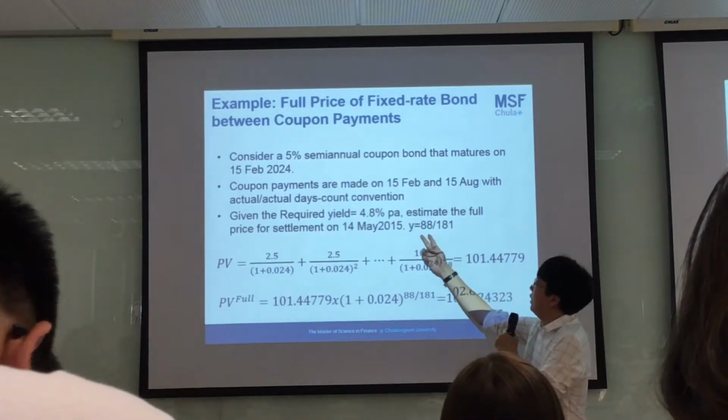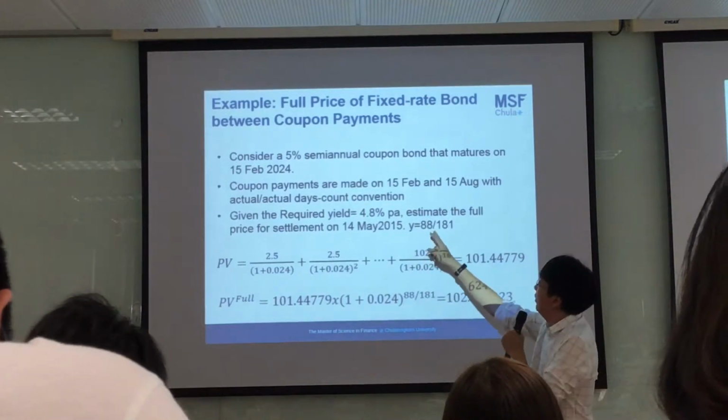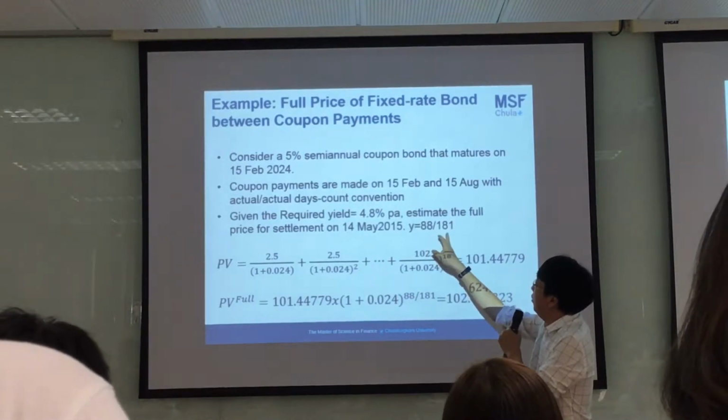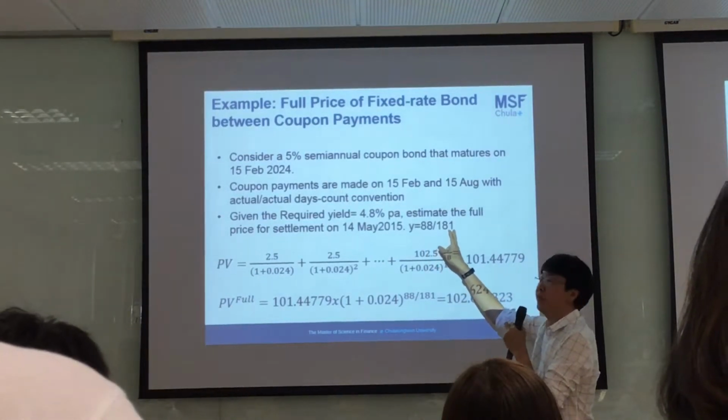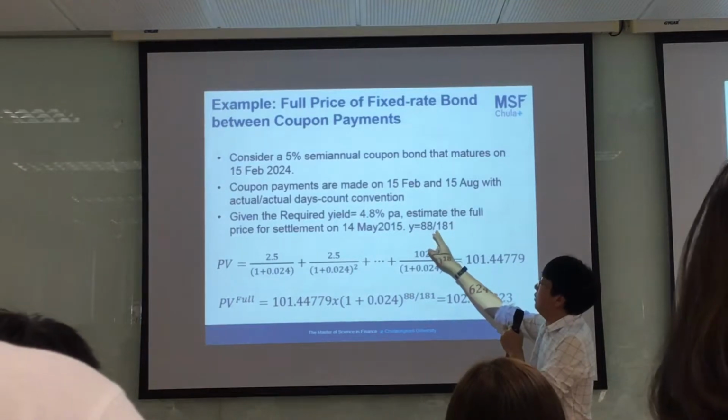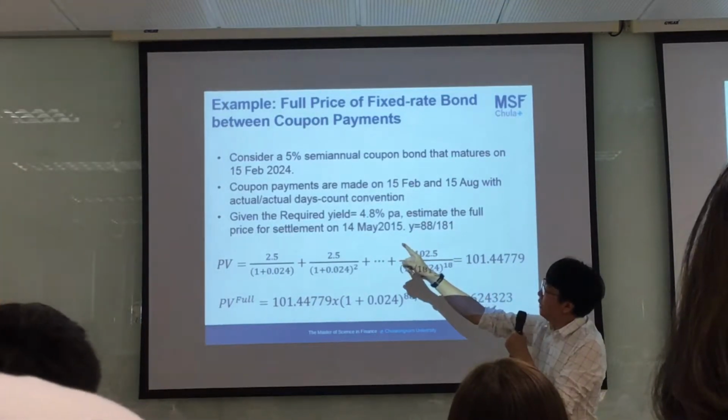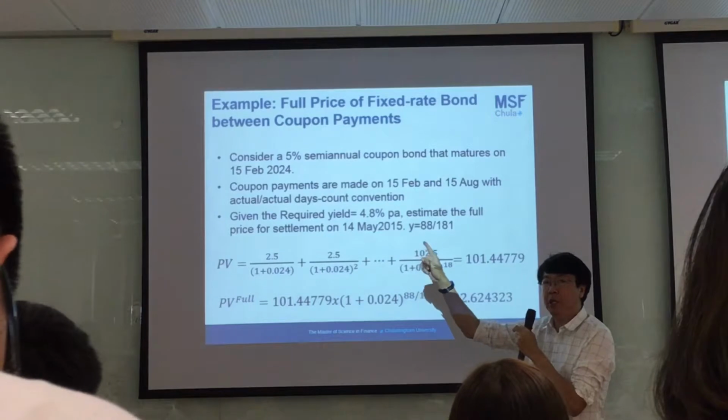And Y, which is the proportion of time, equals 88 days over 181 days. How to get this? The day count convention in this example is assumed to be actual.